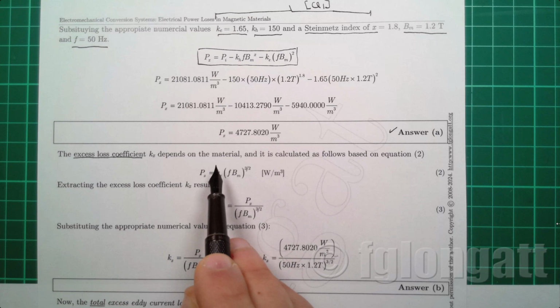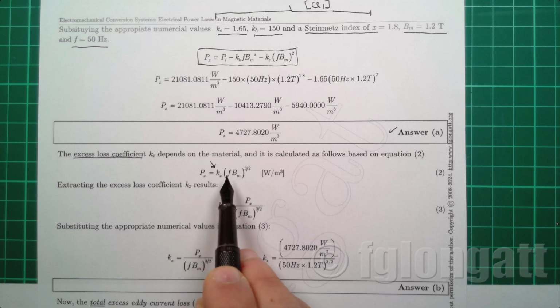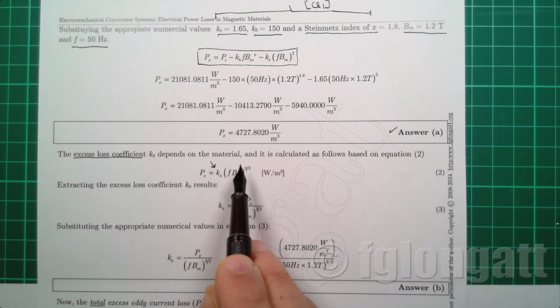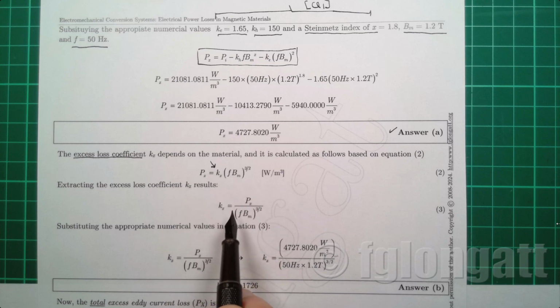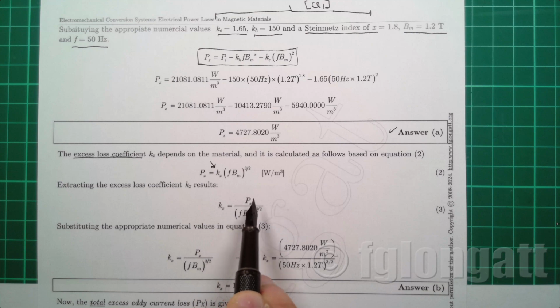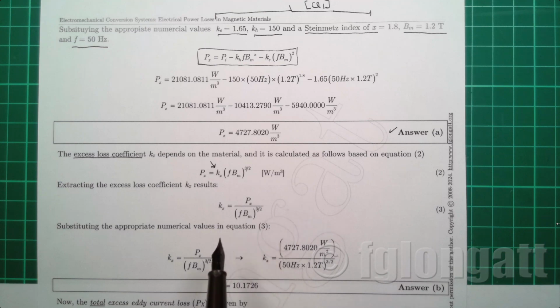Extracting the coefficient that we want, Kx will be Px divided by f Bm with this exponent 3/2.